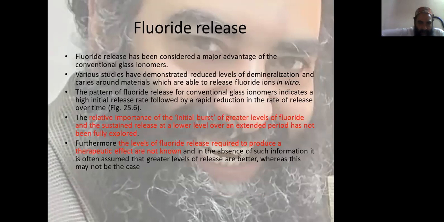Fluoride release is a major advantage of the conventional glass ionomer, and studies demonstrated reduced levels of demineralization and caries around materials which are able to release fluoride ions in vitro. The pattern of fluoride release for conventional glass ionomers indicates a high initial release rate followed by a rapid reduction in the rate of release over time.